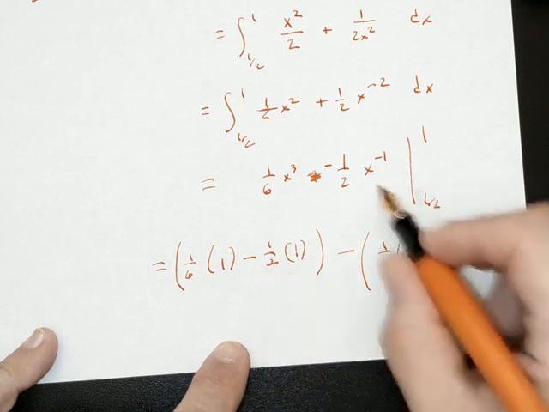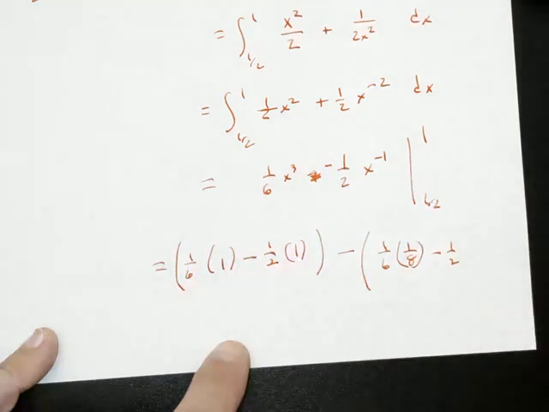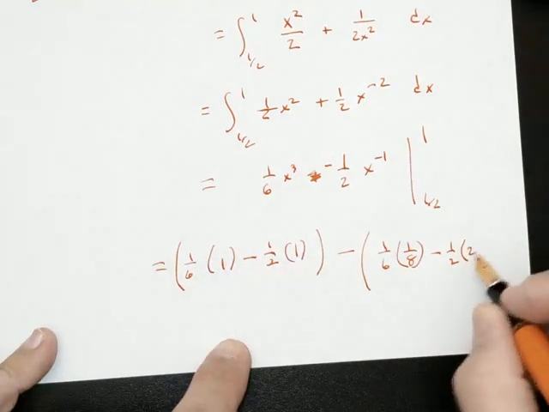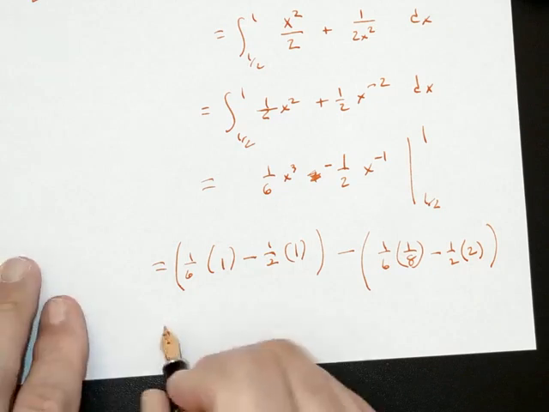Then 1/2 to the negative 1. Exactly. You flip it, right? It's in the bottom. You take it out, you flip it over. That's a 2. And now I can actually work out what this value is. You can use a calculator if you want.